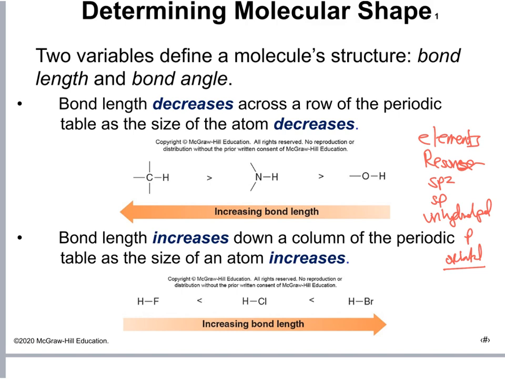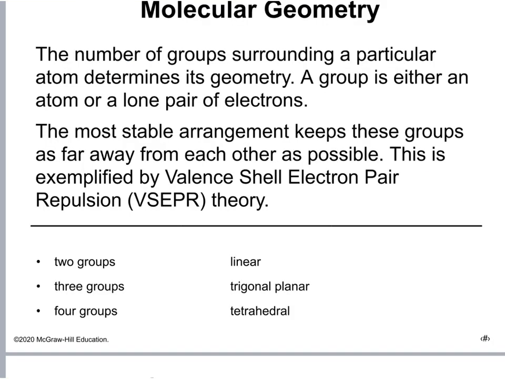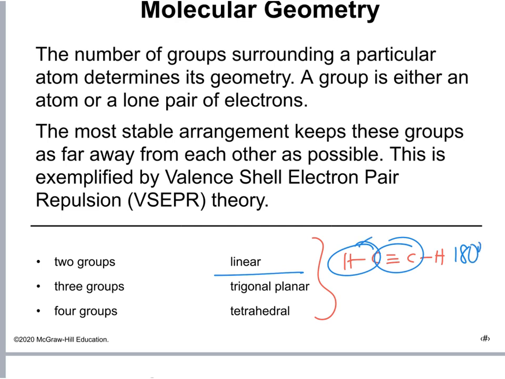Okay, they're just showing you the bond length. I'm not too concerned about that, but there's some bond length information. This is very important. If you have 2 groups, like so, then you would say, okay, there's 2 things bonded to the carbon. That's going to be linear, 180-degree bond angles. 3 groups, that would be something like this.